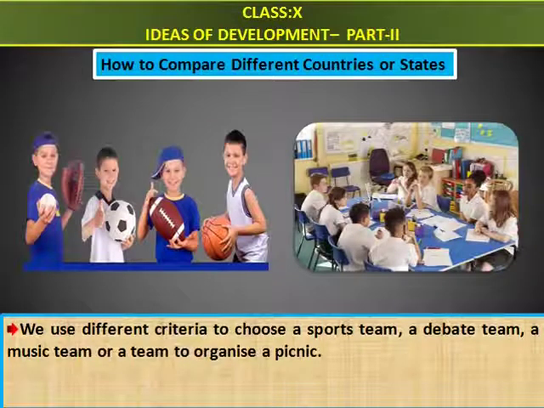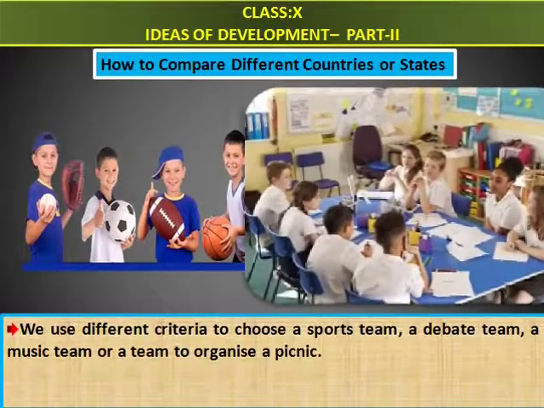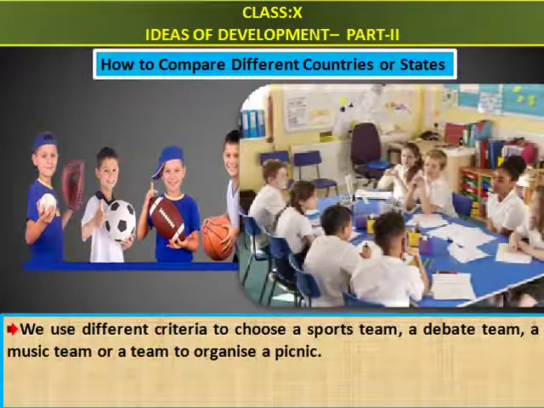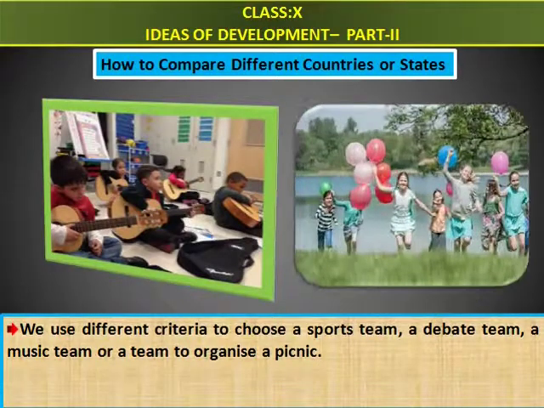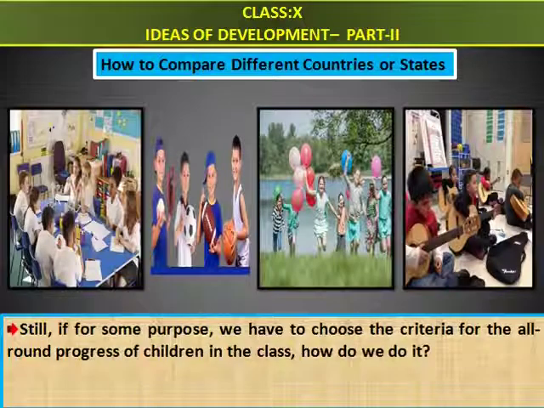We use different criteria to choose a sports team, a debate team, a music team, or a team to organize a picnic. Still, if for some purpose we have to choose the criteria for all-round progress of children in the class, how do we do it?